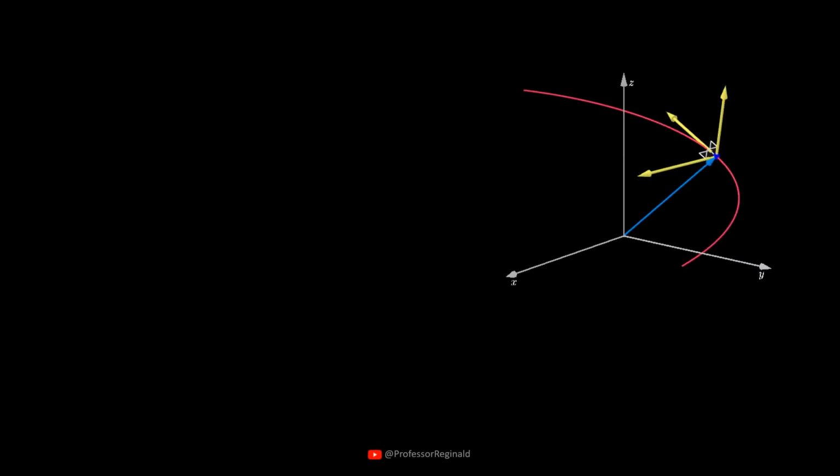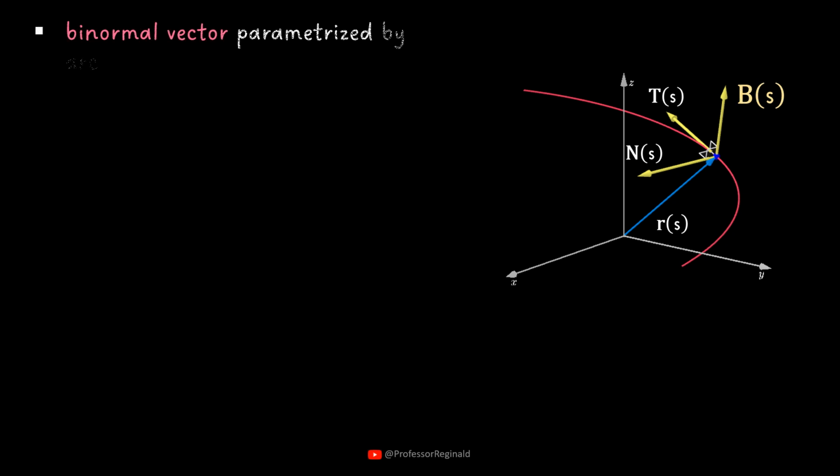Suppose the vector-valued function is parametrized by arc length. Then the binormal vector can be expressed as follows. From our discussion of curvature of a space curve, we studied the following formula involving unit tangent vectors.